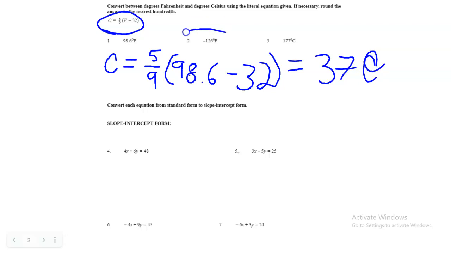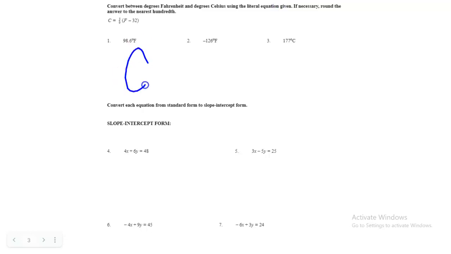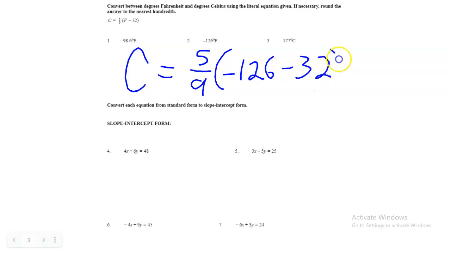Okay, let's try this one. If I want to figure out what negative 126 degrees Fahrenheit is in Celsius, I wrote that wrong. Hang on. So I have negative 126, and I'm subtracting 32.